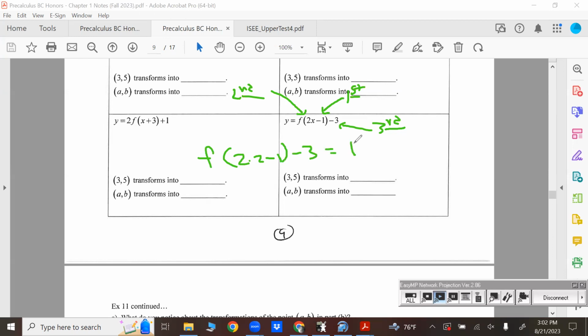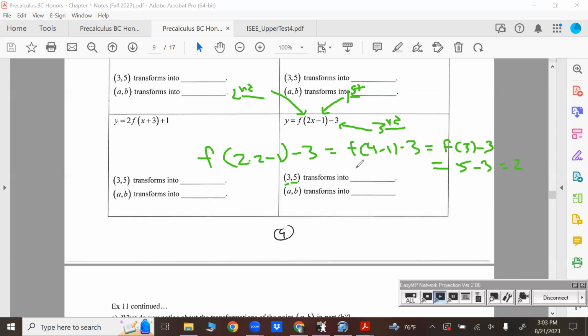So what would that really be? That'd be f of 4 minus 1 minus 3, or f of 3 minus 3. Okay. Well, what is f of 3 here? 5. So you wind up getting 2 as the output.